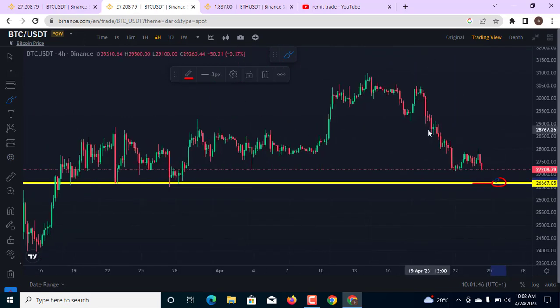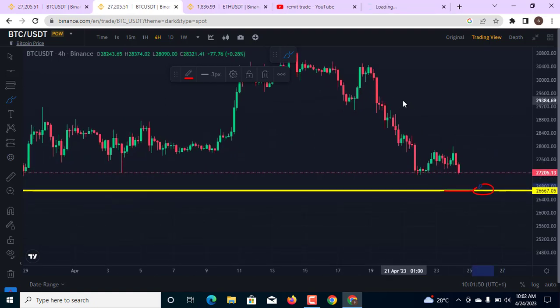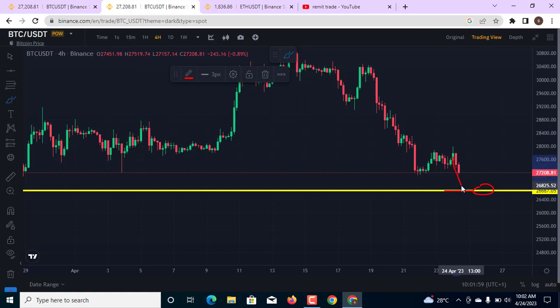I'm going to talk about this in my next video, so also check out that video when it comes out in the next coming days. So this is what I am expecting on the 4-hour chart. The market should come down, as we're seeing the market coming down right now into this level of support.